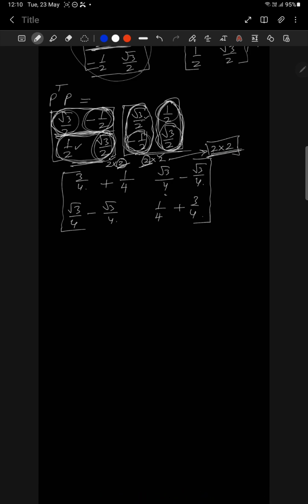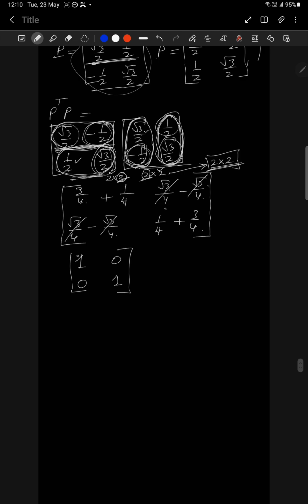And you are finding over here that 3 by 4 plus 1 by 4 will give you 1 by 4 plus 4 by 4, which is equal to 1. Similarly over here these two will get cancelled and you are left with 0. Over here it is again 0, and this one is becoming 1.